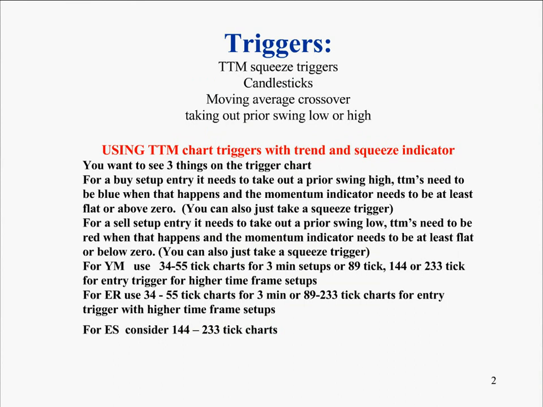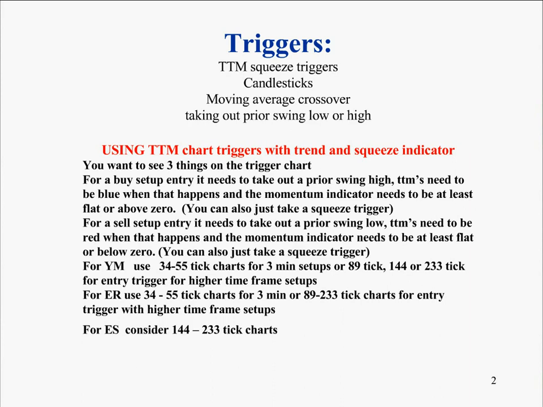Now, if you're looking at a setup, for example, on a 15-minute chart, a lot of times I like to go to a lower time frame chart for an entry, so that you can get in as close as possible to the trade zone. Because if you waited for a signal from a 15-minute trade setup on a 15-minute chart, you would get in the trade way too late, and the risk would be too high.